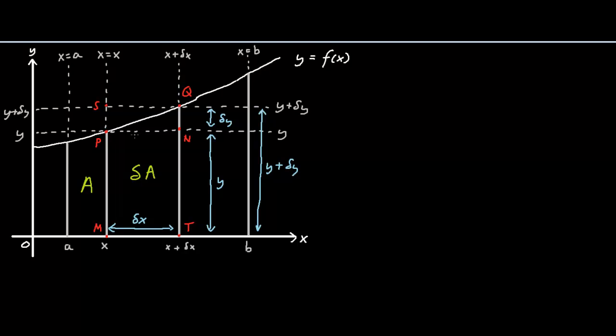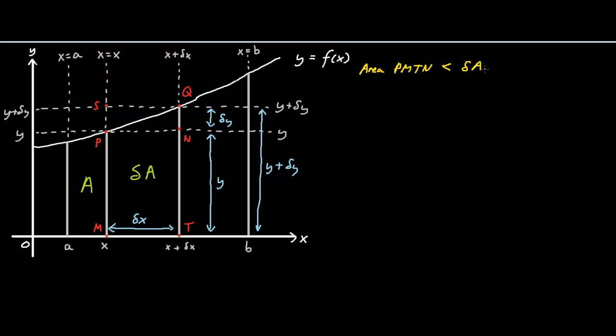Okay, so let's look at the area of the rectangle PMTN. We can see that the section change in area has a bigger area than the rectangle PMTN.